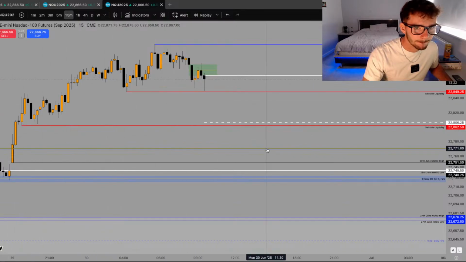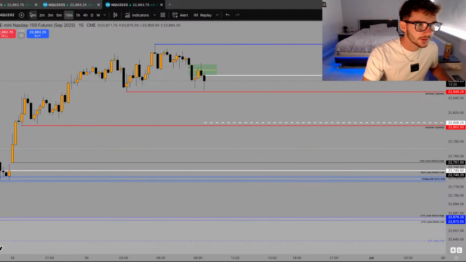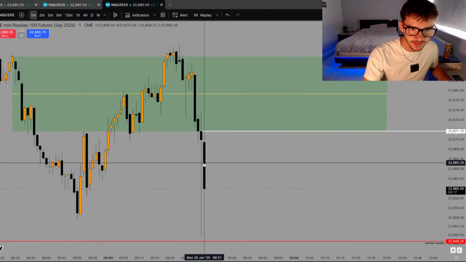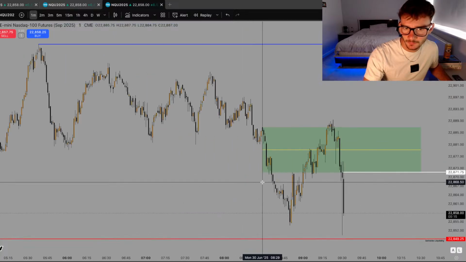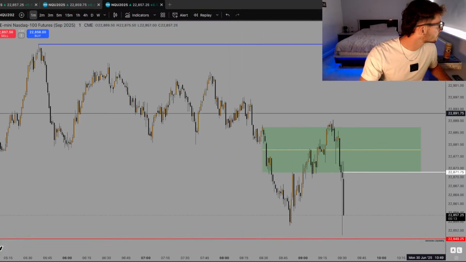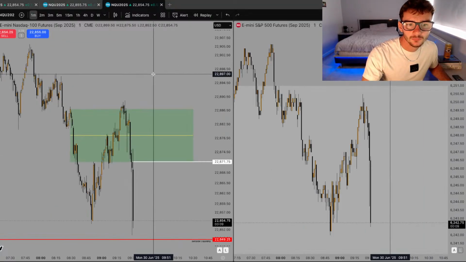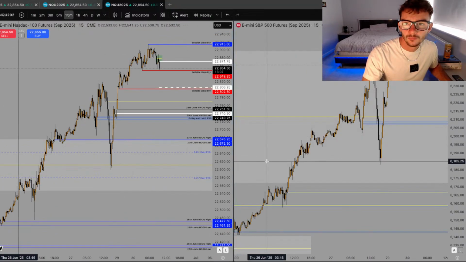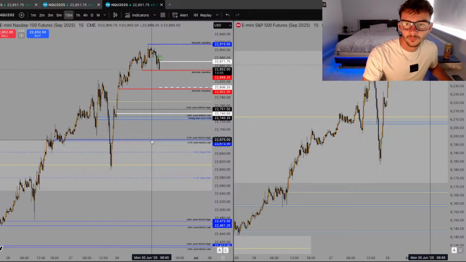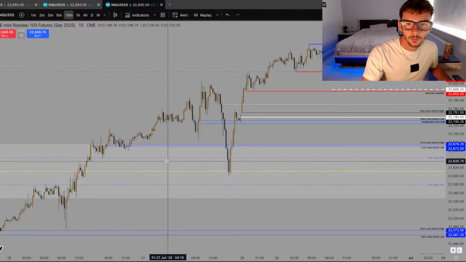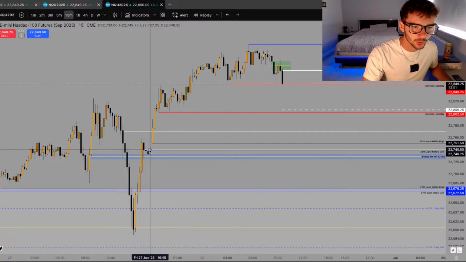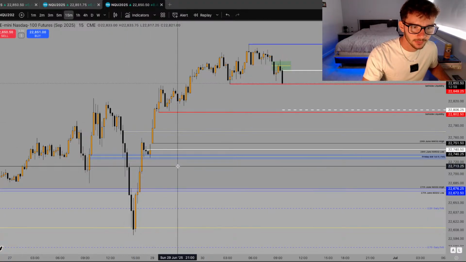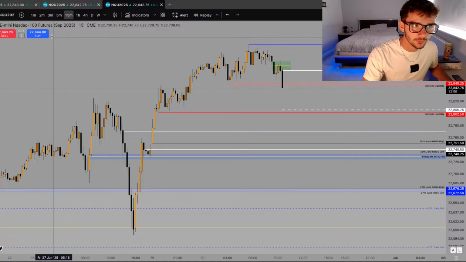So we've got them, and we've got the midpoint of the gap, and then we'll wait for first presented and see what that's going to offer us. Where's the New Week opening gap as well? Yeah, we have New Week opening gap down here, which hasn't been tapped into at all, so that could even be a potential draw for today.